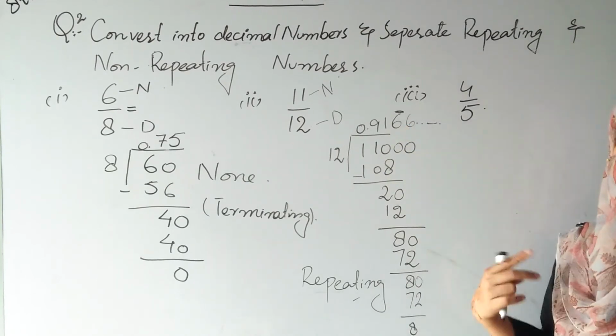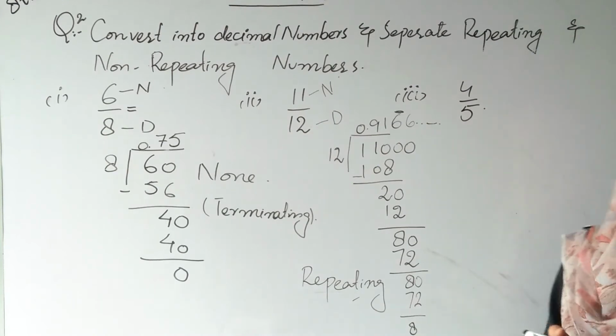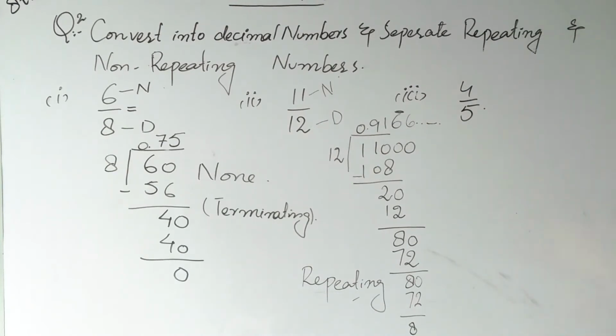Here 6 repeats endlessly, so it is a repeating number. Now move to the next question, which is 4 over 5.